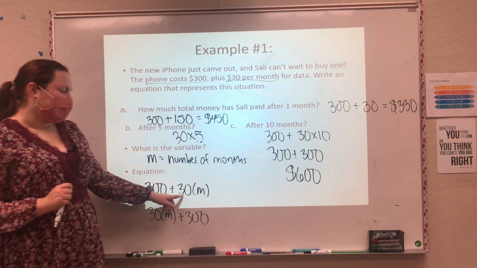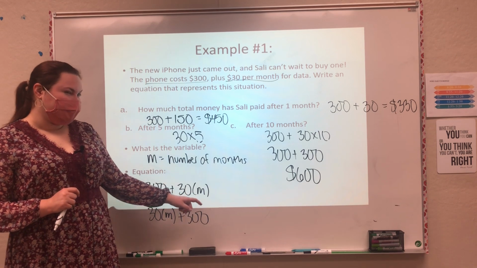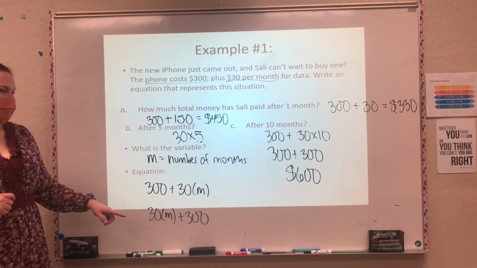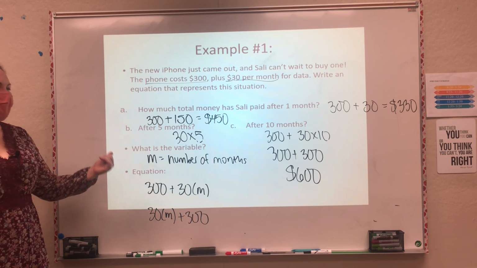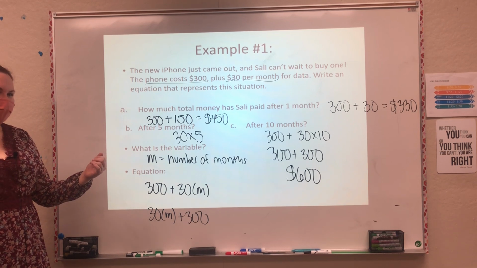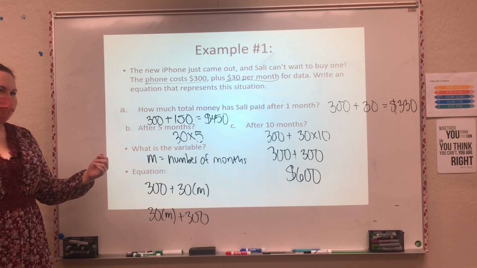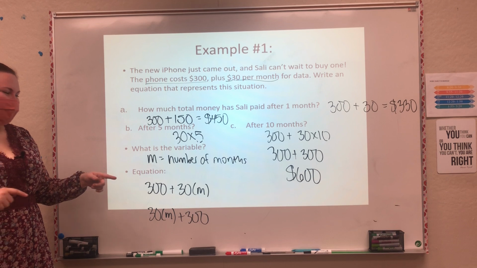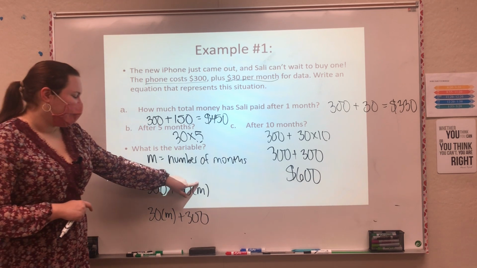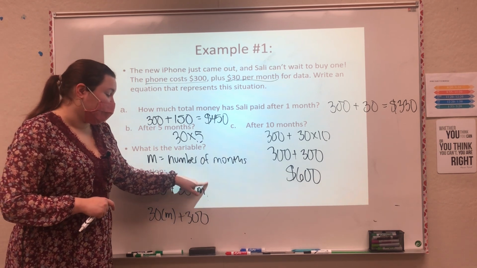I'm thinking specifically of how you show multiplication in equations. You could use a dot. Do you remember what we said? The most common way you're going to see it? What that says is correct.